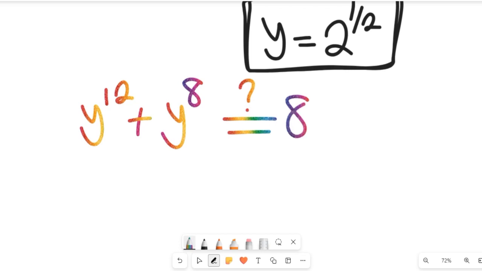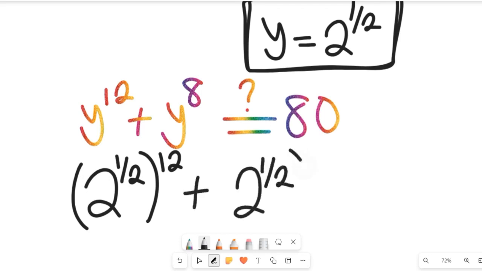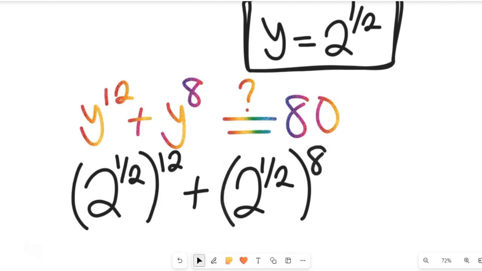Is it going to give us 80? Now y to the power of 12 will give us 2 to the power of 1 divided by 2 multiplied by 12, and this will be plus 2 to the power of 1 divided by 2 multiplied by 8.